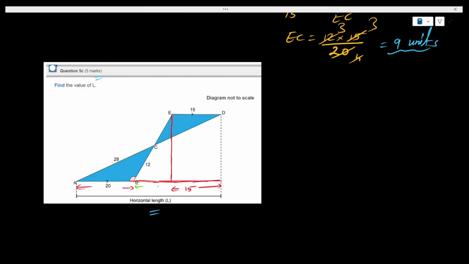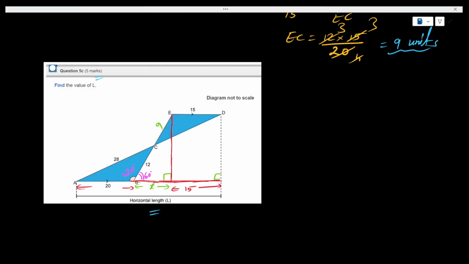If I take this now, because this is 90° and this is parallel, this is also 90°. Now we already got EC length as 9 units. So you can see that this triangle is a right triangle, right? If I know one of the angles, I can use a trigonometric ratio to find out the unknown value. Now this angle you already got as 120 degrees, so this adjacent angle will be 60°.